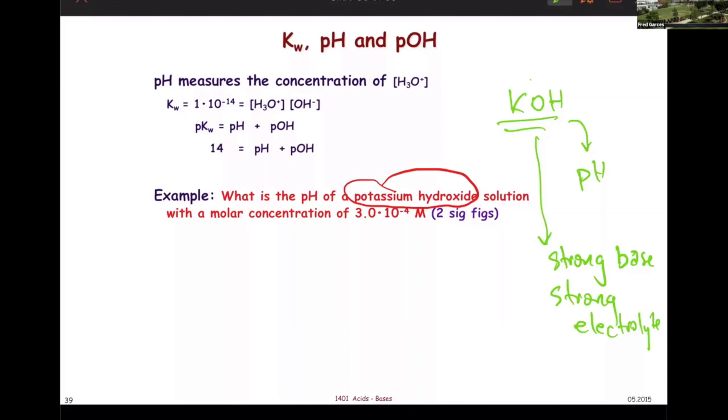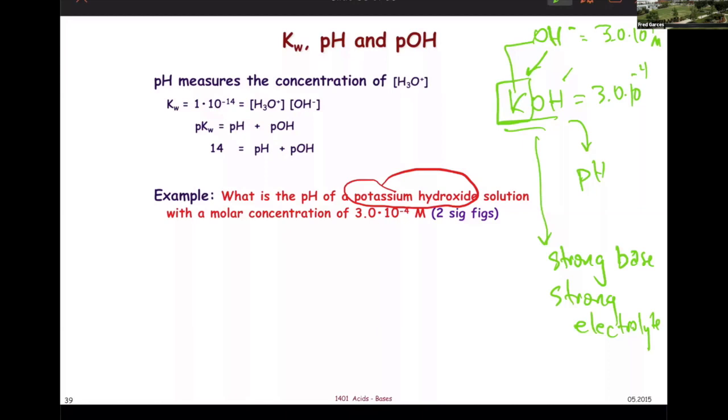Anything with a group 1 metal and hydroxides are strong bases, which means that the concentration of this being 3.0 times 10 to the minus 4 molar gives you an equal amount of hydroxide of 3.0 times 10 to the minus 4 molar. That's just the nature of strong acids and strong bases. The concentration of the chemical is equal to the hydroxide, or the acid if you have an acid.